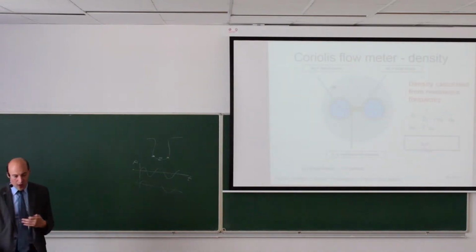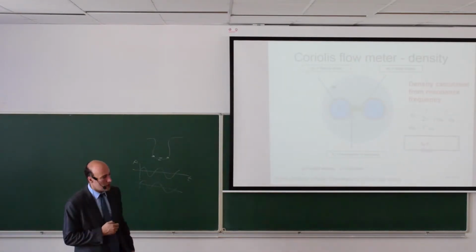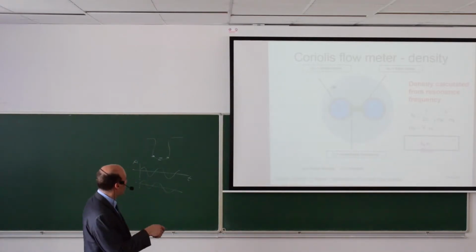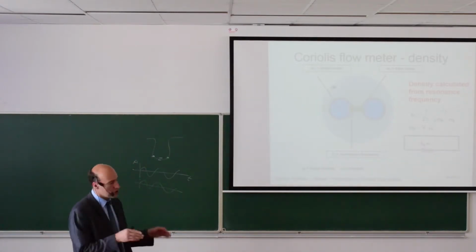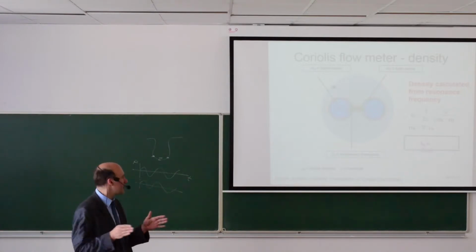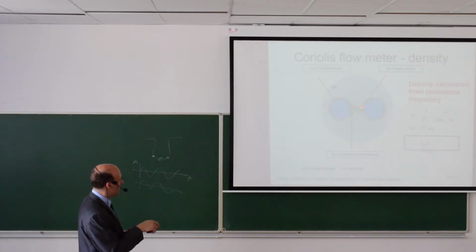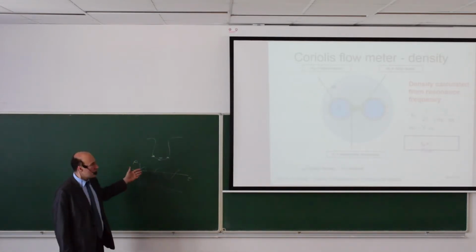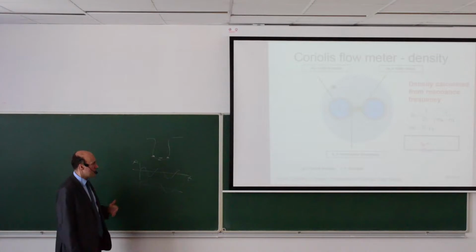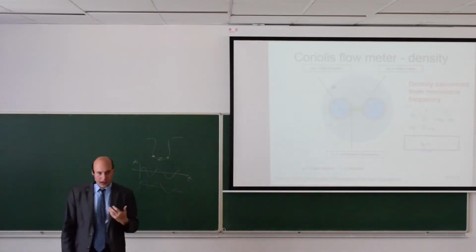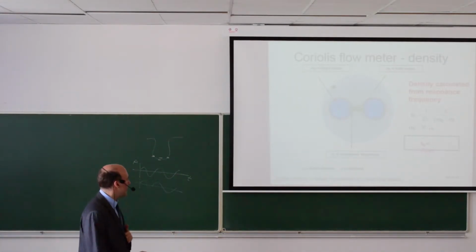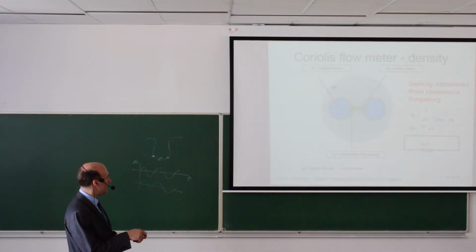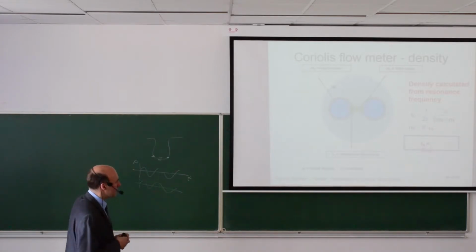Here is the explanation why we can measure density as well. So it's shown on the example of two tubes. The two tubes are vibrating against each other. We're measuring the displacement, and on the signal we see some resonance. So we try to operate this on a mechanical resonance, and the resonance frequency of this assembly is influenced by the density of the liquid, because the resonance frequency is changing with the weight of the assembly.